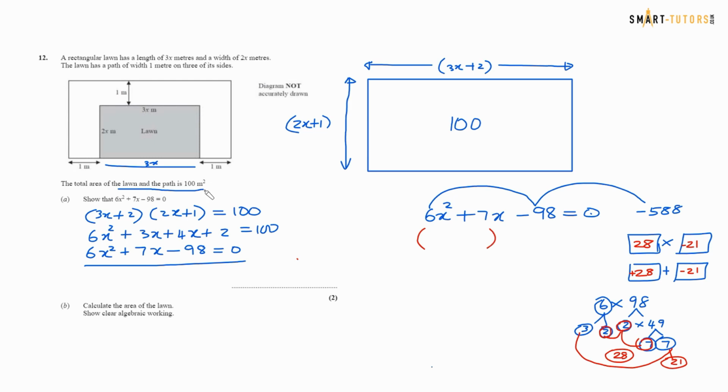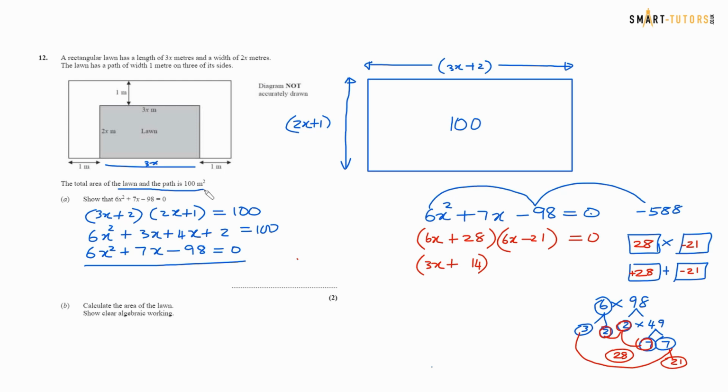So I'm going to write the two brackets equal 0: 6x at the start, plus 28 and minus 21. But we need to check whether both brackets can simplify. So I'm going to divide the first by 2, so 3x plus 14.